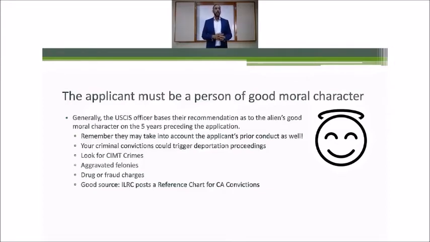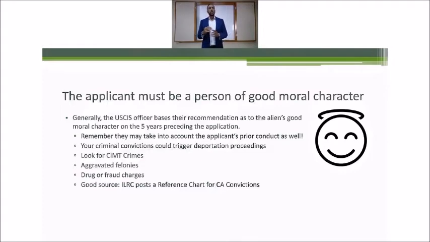And if you can't, at minimum, do your research by going onto a great source such as the Immigration Legal Resource Center website, ILRC, which actually has a great chart for convictions. You could take a look at all types of convictions, whether it be a misdemeanor DUI or a felony DUI or possession of marijuana.